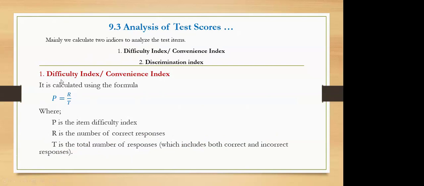The difficulty index is calculated using P equals R over T. P is the difficulty index, R is the number of correct responses, and T is the total number of responses. It is a fraction, so the answer ranges from 0 to 1.